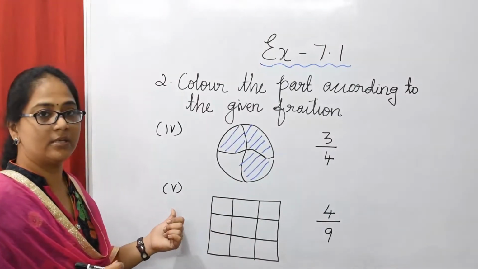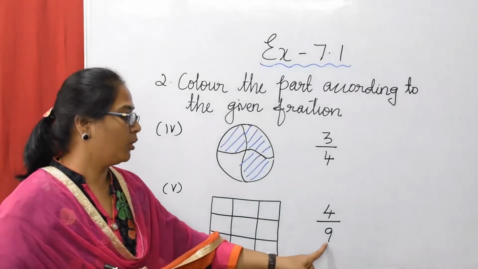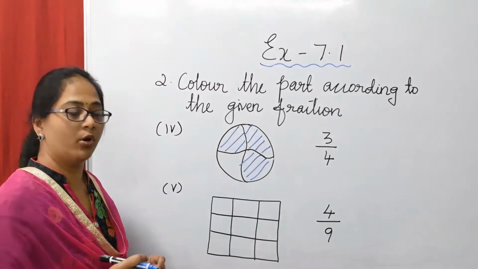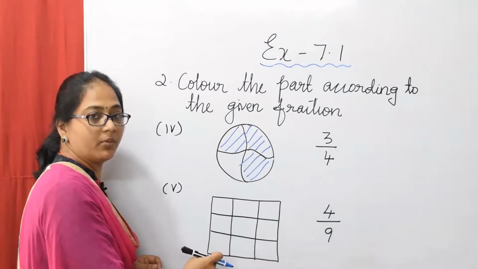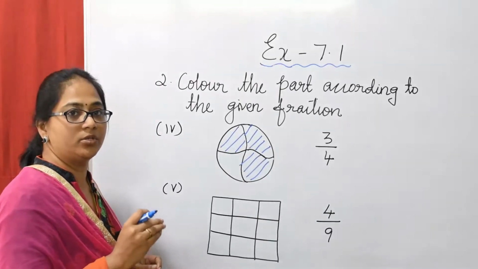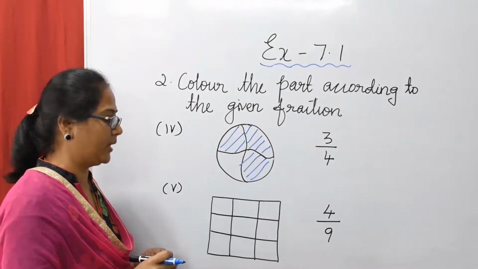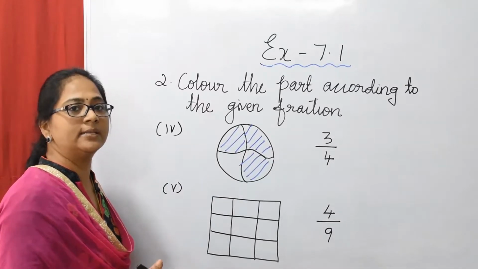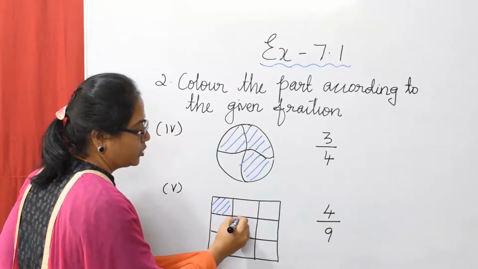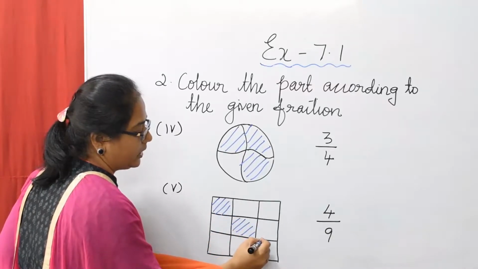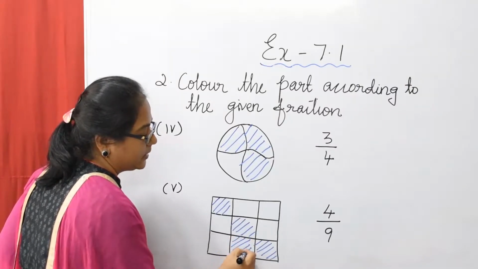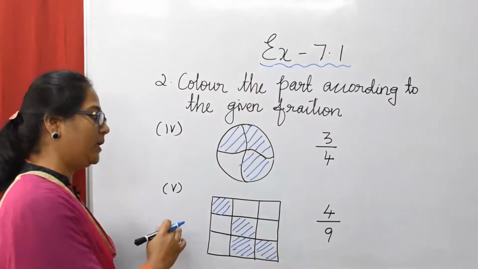And now the next one. Out of 9, we are going to shade 4 parts. This picture has been divided into 9 equal parts and we are going to shade 4 parts out of that. As I told you, you can select any 4 parts, it is your wish, since it has been divided equally.